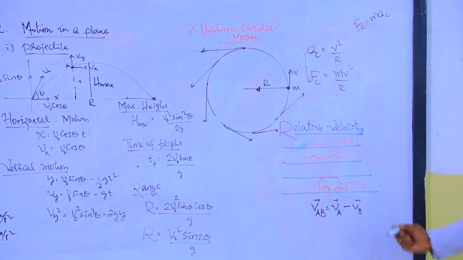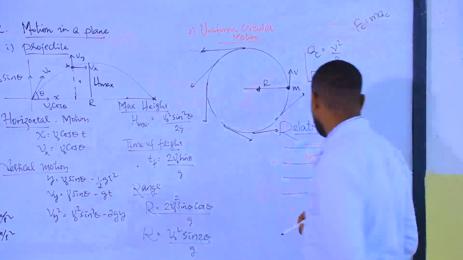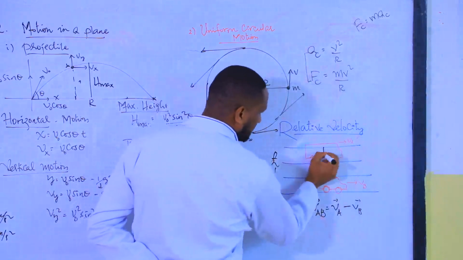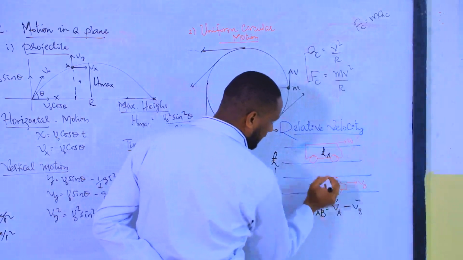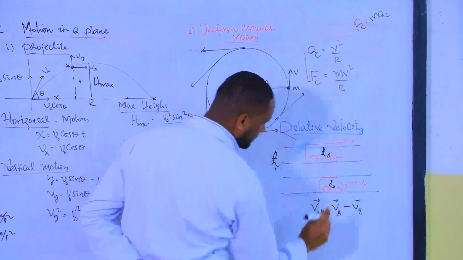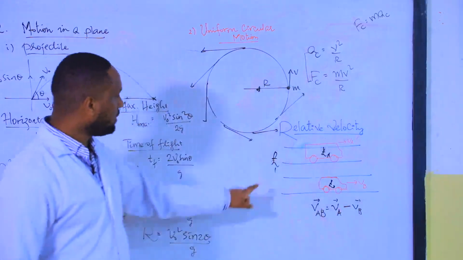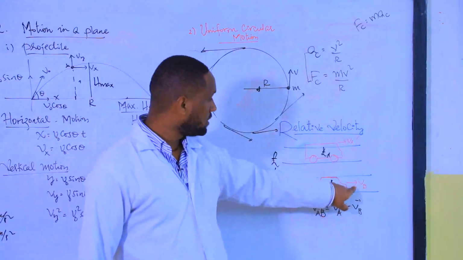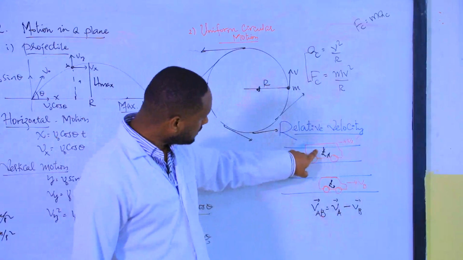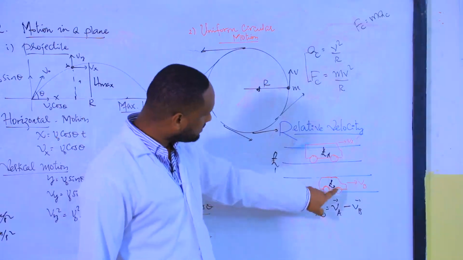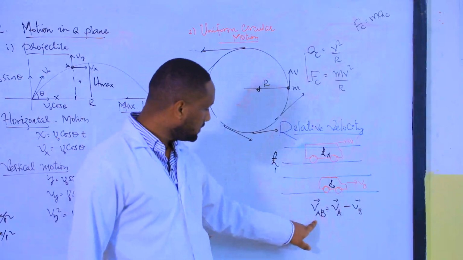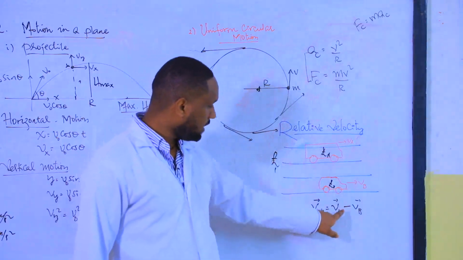Okay. For example, you can consider two cars. There is observer 1 here, and this is A, and this is another observer, B, here. Observer 1 is measuring VA and VB, but the relative velocity of A as observed by B is equal to VA minus VB.